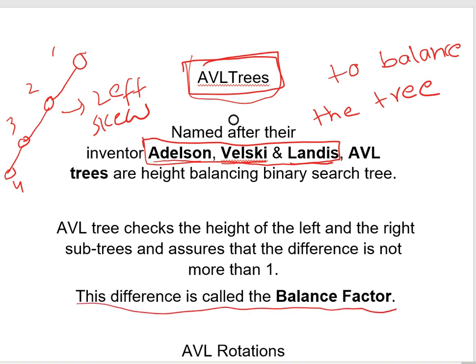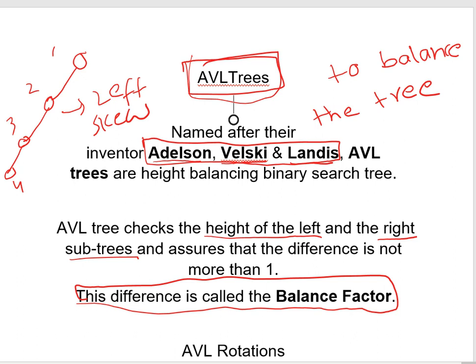See, what we will do is take the height of the left and right subtrees and find the difference between the left subtree and right subtree for a particular node. That is called the balance factor.